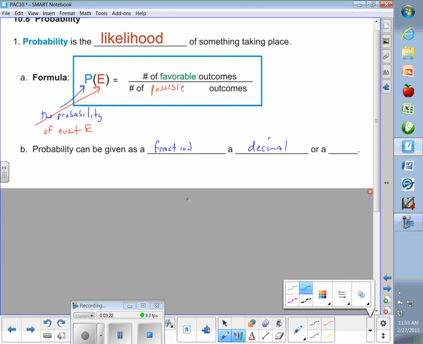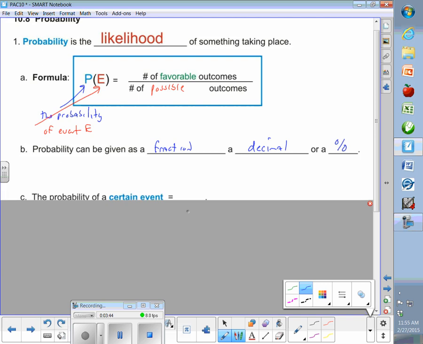What's 1/4 in decimal form? Say it if you know it. 0.25. Or as a percent, and that would be therefore how many? What would be the percent? 25%. All right. So fraction, decimal, or a percent. It can be given any of those 3 ways.